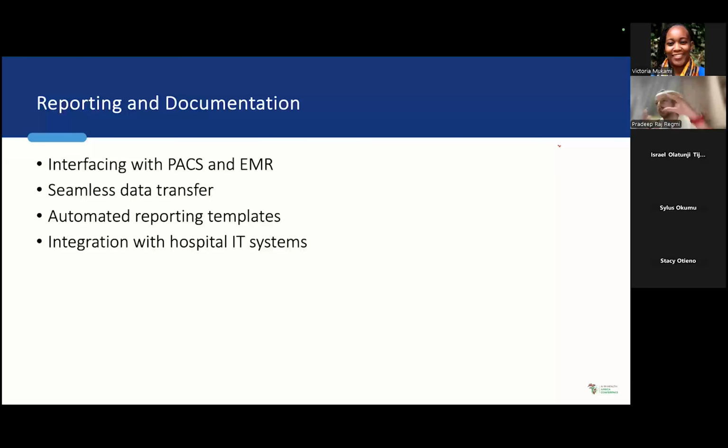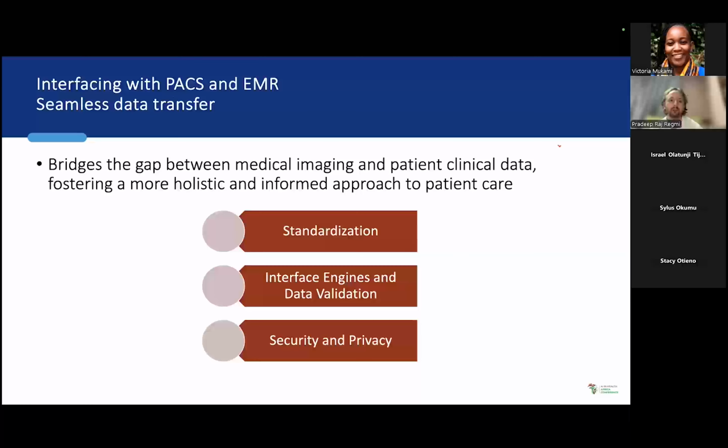And this national data must be integrated within the hospital IT system. So then the hospital management in the LMIC can move forward with this reporting and documentation, which can be helped with artificial intelligence.